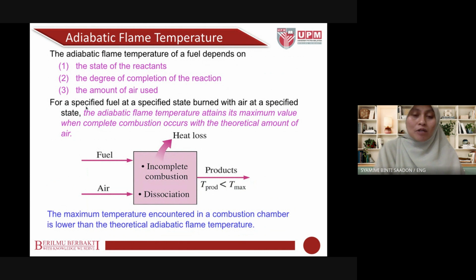For a specified fuel at a specified state burned with air at a specified state, again the adiabatic flame temperature attains its maximum value when complete combustion occurs with the theoretical amount of air, the stoichiometric air just now.